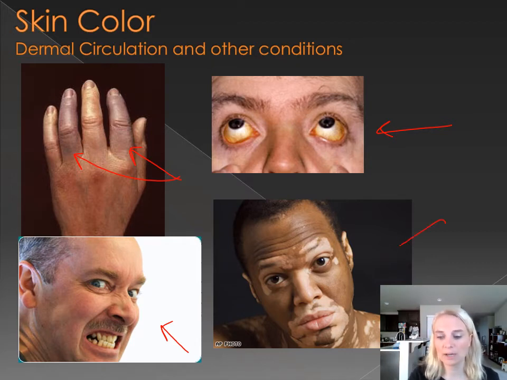This last picture is a genetic autoimmune disorder called vitiligo, where your immune system actually attacks and destroys your melanocytes. So it could be random. There could be some genetic factors to it. Autoimmune diseases are still kind of in the mystery category for a lot of medical research, but for whatever reason, the melanocytes are destroyed.